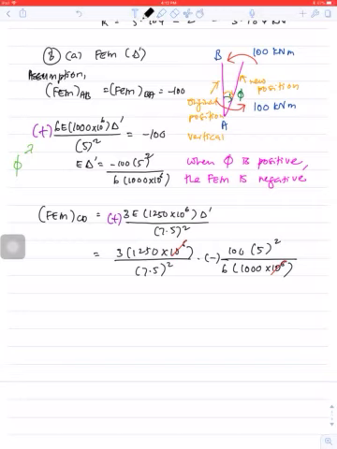So we get 27.78. So it is negative 27.78 kilonewton meter, because the FEM is counterclockwise.